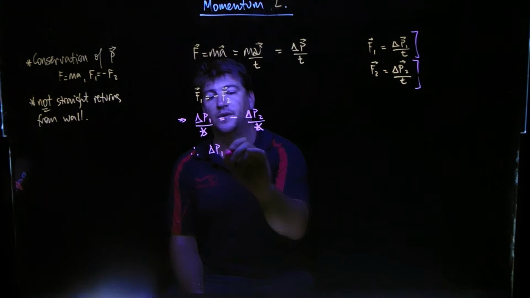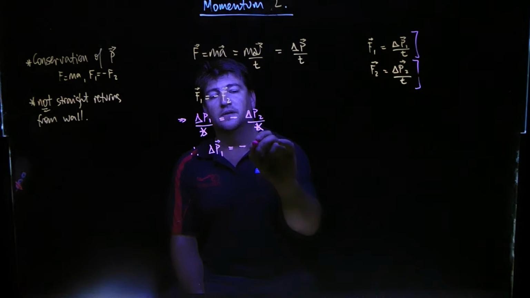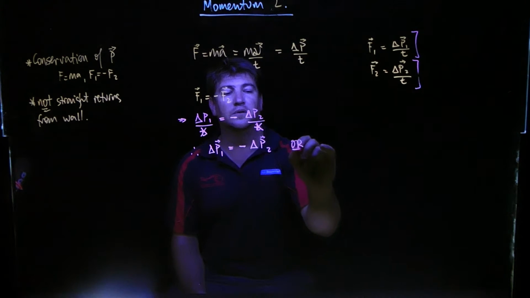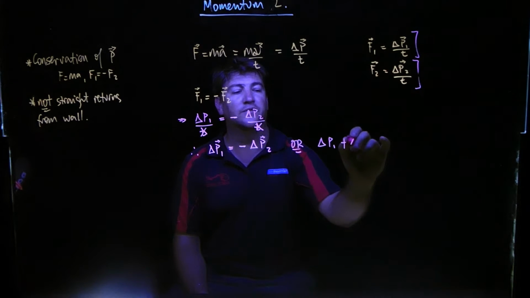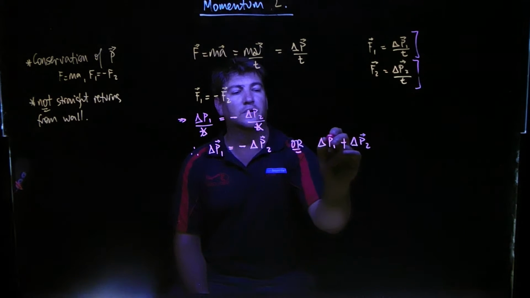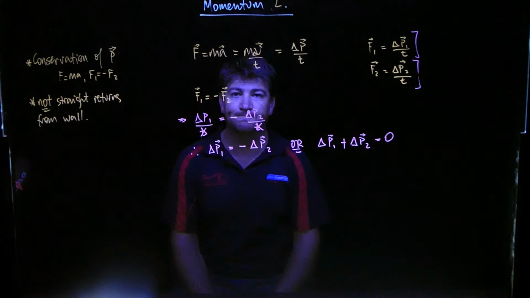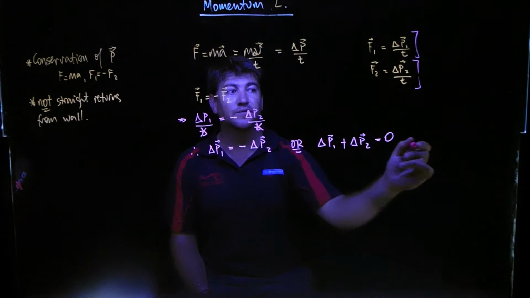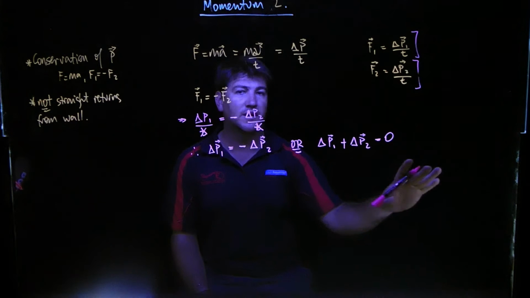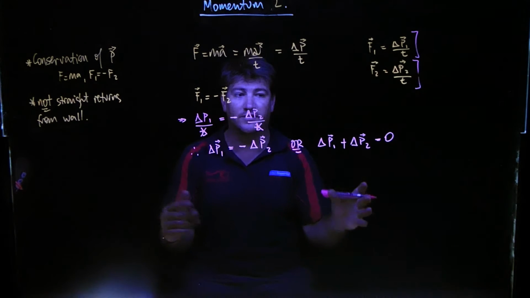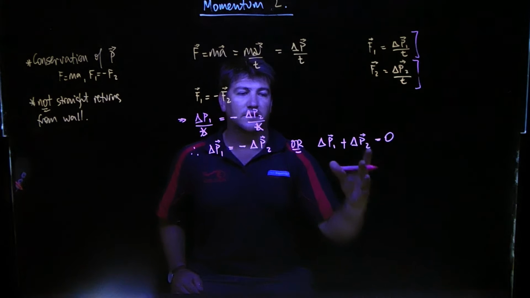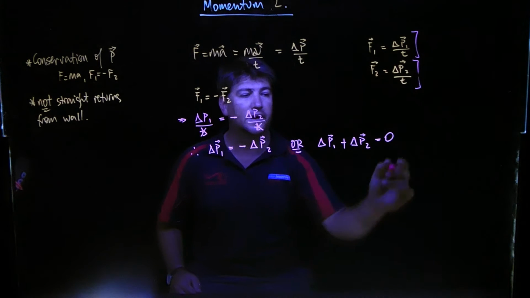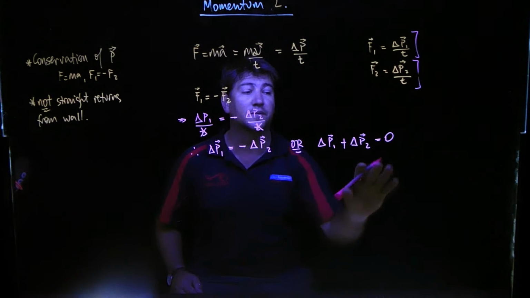Therefore, the change of momentum of the first object is equal and opposite to the change of momentum of the second, or change of momentum 1 plus change of momentum 2 is nothing. This is kind of weird, but what it basically means is that if we add up all of the changes in momentum for all of the particles involved in this interaction, this collision, we can have a cajillion particles, delta p1, delta p2, delta p cajillion, and adding up all their changes of momentum is going to equal 0.